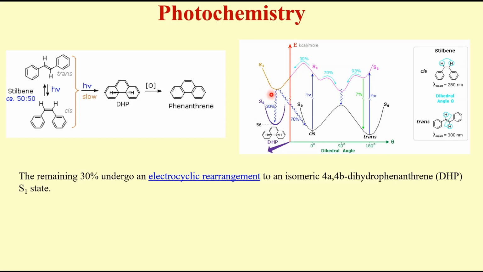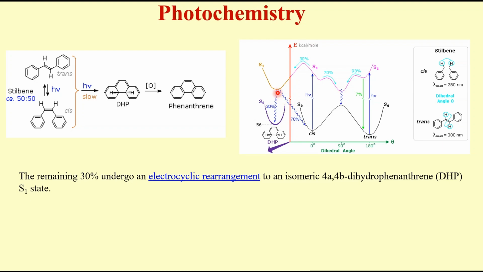This is the DHP singlet S1 state. Its energy level is slightly higher than the singlet transition state of the lower energy. That's why 30% goes to DHP and 70% will be converted into the lower energy S1 singlet state.